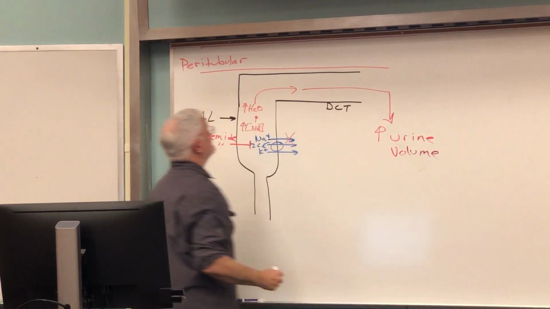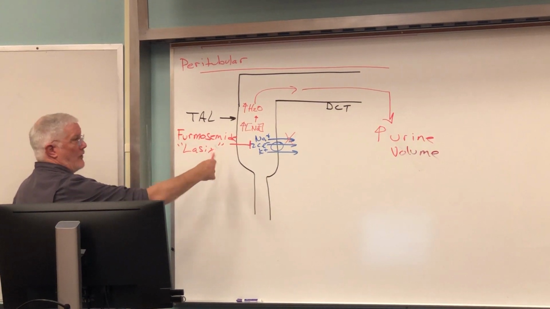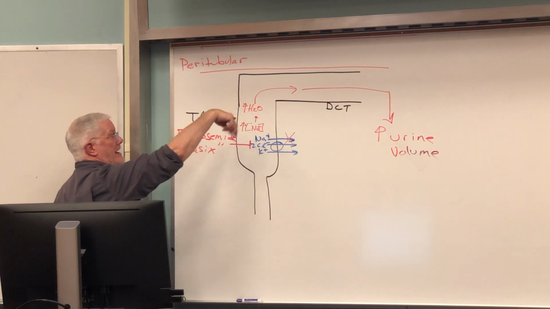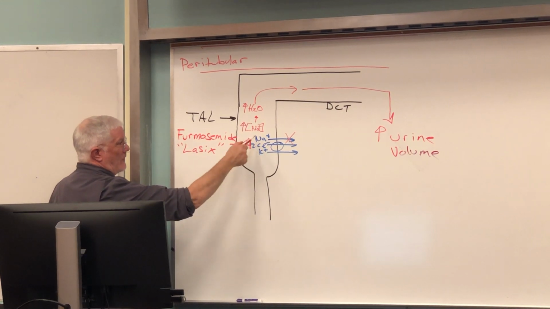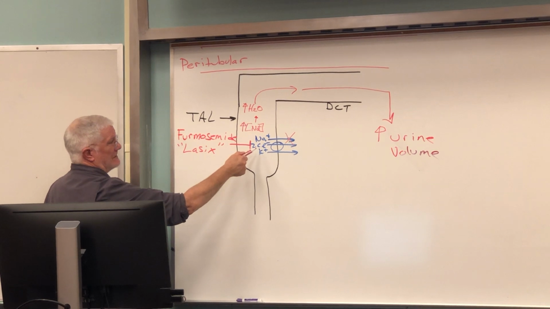And that's how Lasix works. It simply keeps the chlorides from binding to that transporter. And the whole key to water reabsorption is that it's regulated by sodium ions. We're actually focusing on what happens to sodium. I don't care about chlorides.